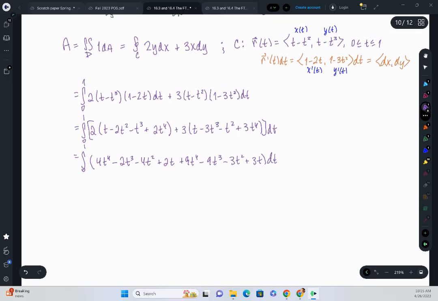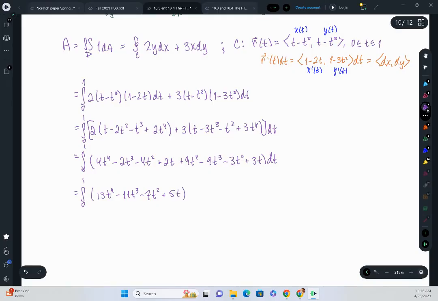Now I will combine like terms. The integral from 0 to 1. I have t to the 4th terms that add to 13t to the 4th. I have t cubed terms that add to negative 11t cubed. I have t squared terms that add to negative 7t squared. And then I have t terms that add to 5t.